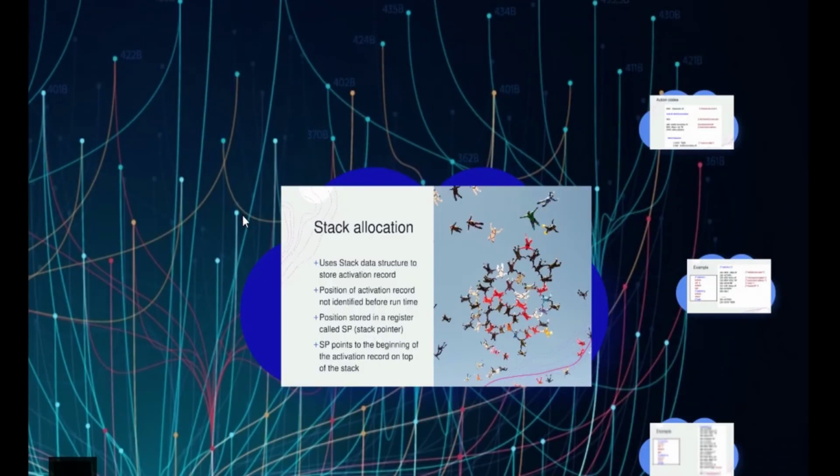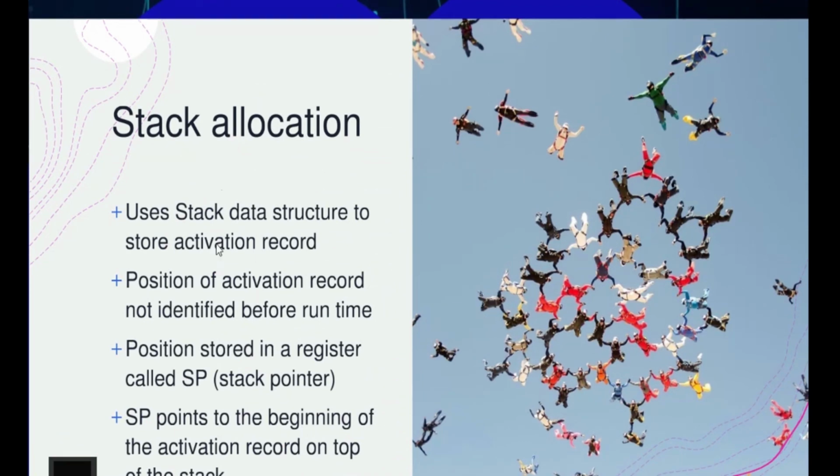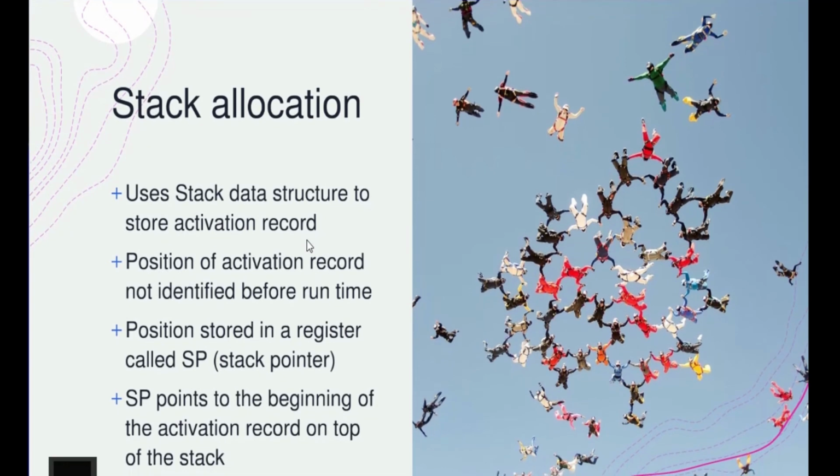Next, let us see stack allocation. Stack allocation uses the stack data structure to store the activation record. The position of the activation record for a procedure is not defined in advance of runtime. So this position is usually stored in a register called SP, that is the stack pointer.